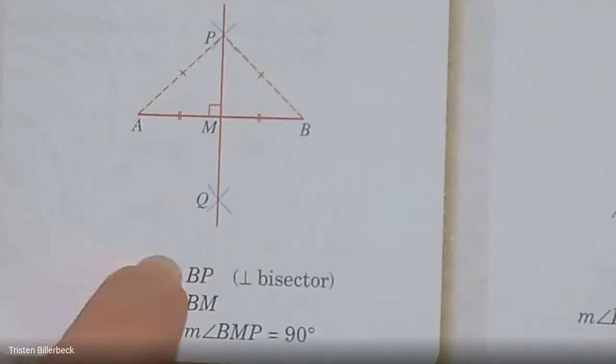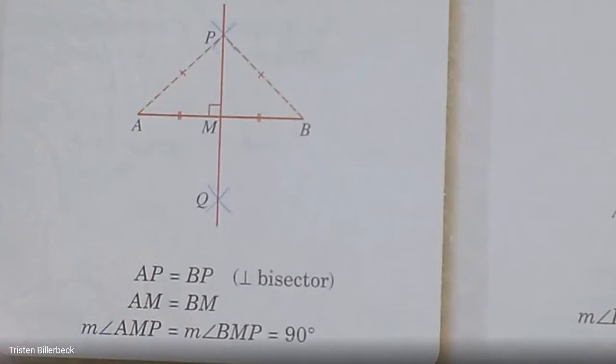As soon as we put that bar over it, it again becomes a thing. So it's more like Ms. Billerbeck when you put a bar over it instead of the measure of Ms. Billerbeck. So no bar means the measure of.